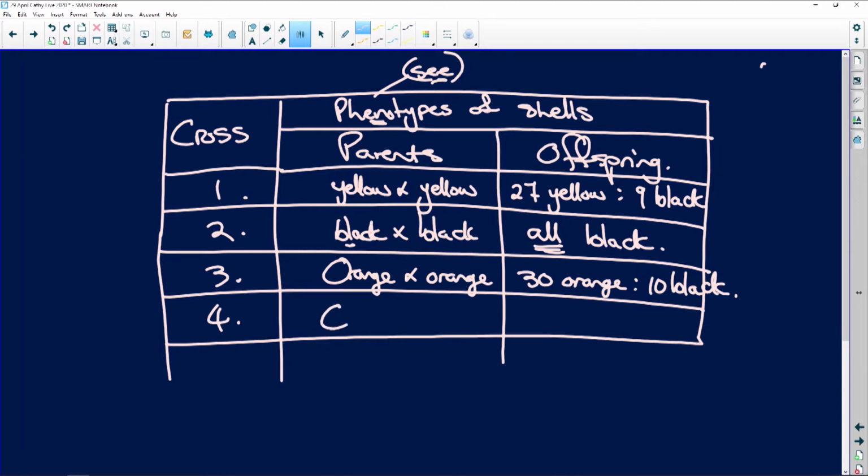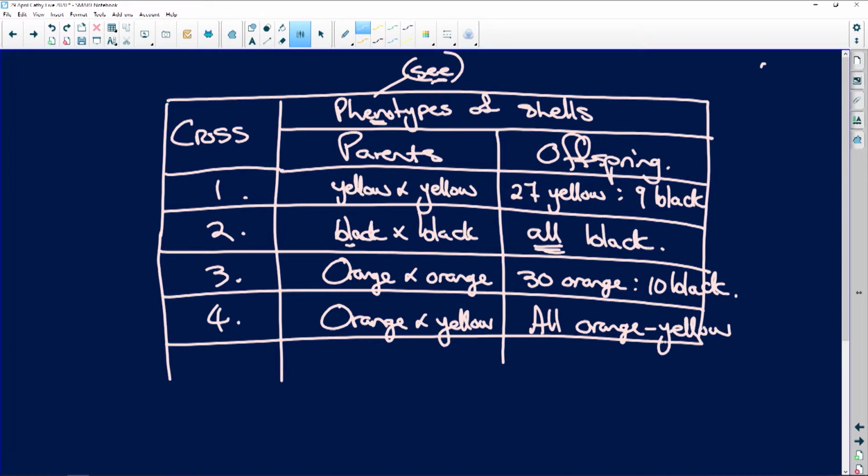Okay, orange times yellow. And look at this. All are orange yellow.